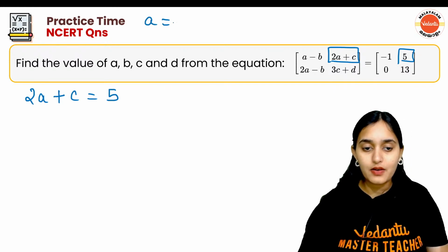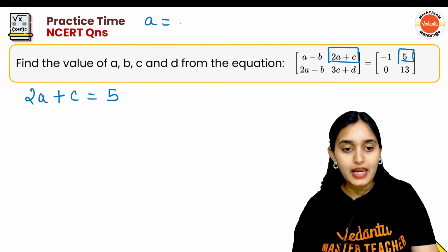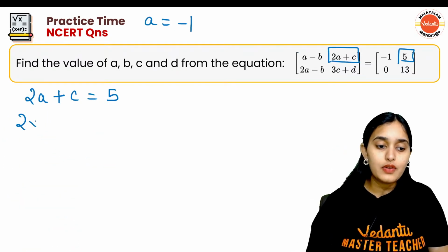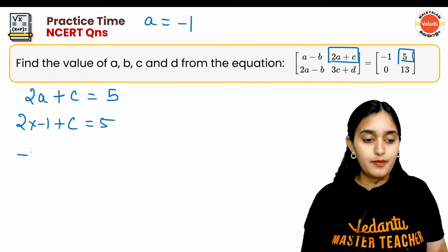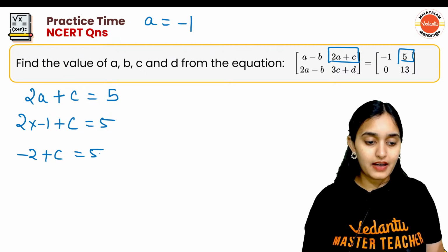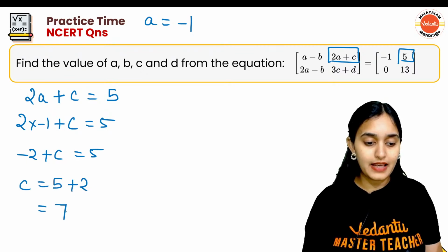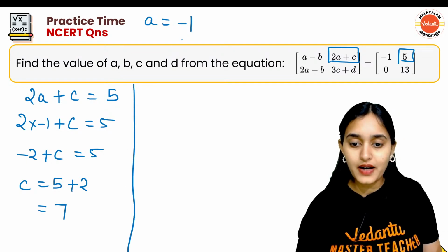Now A is equal to how much? A is minus 1. So 2 into minus 1 plus C is equal to 5. Minus 2 plus C is 5. So C is 5 plus 2, which is equal to 7. Similarly, let's find out D.